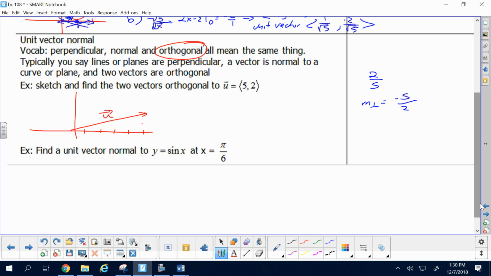So one possibility of orthogonal is instead of right 5 up 2, we go left 2, up 5. So one possibility is (-2, 5). What's another possibility? Two negatives. You can see that to make a perpendicular, you switch and negate one.